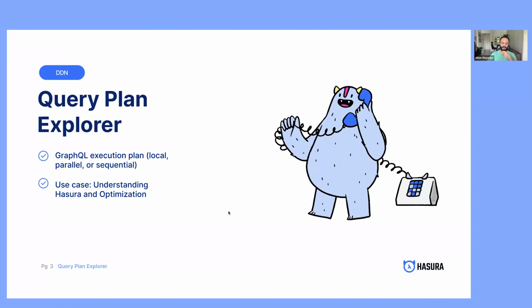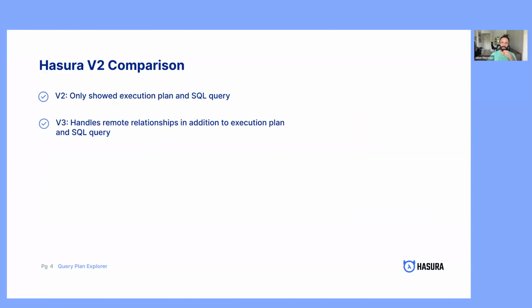This is very different to the explain functionality in V2, because we also gave you a way to understand your queries a bit more there. But in V2, we only showed the execution plan and the SQL query explain functionality. So you know at the query level, at the SQL level, how everything behaves.